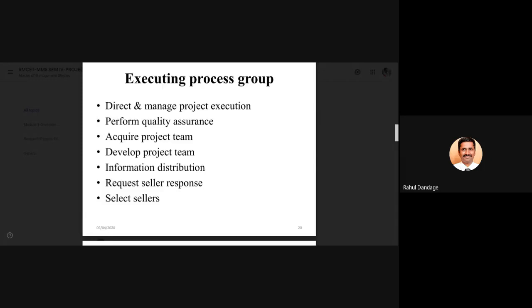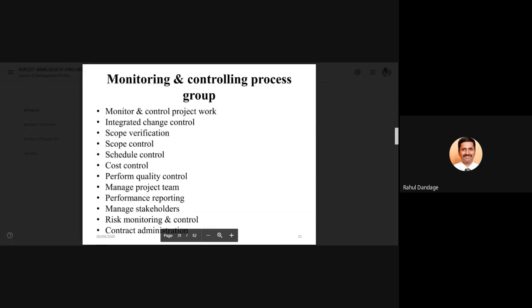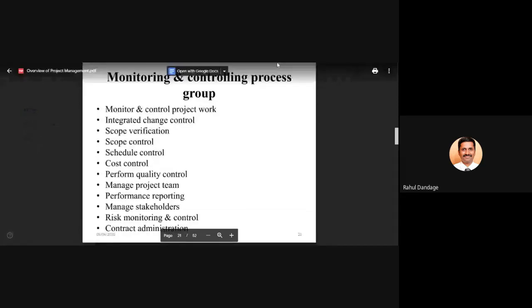So that's why you can see there are again variety of activities, number of activities involved. So the various activities involved are monitoring and controlling the project work. So actual execution of the project, we have to go for monitor and control the various activities.